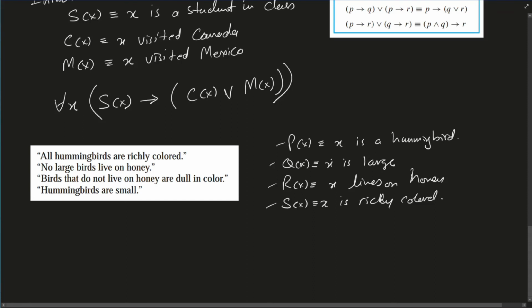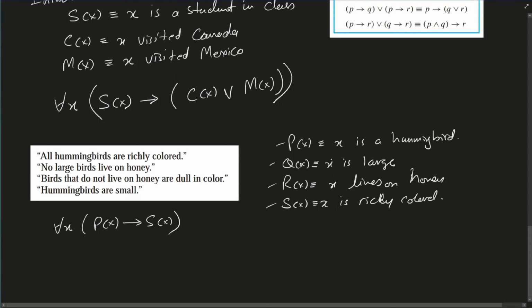So the first one, all hummingbirds are richly colored. We can say for every x, if P of x, they're a hummingbird, then they are richly colored. Richly colored is represented by S of x. So our first statement is translated to: for every x, P of x implies S of x.